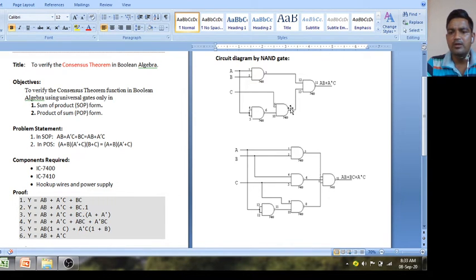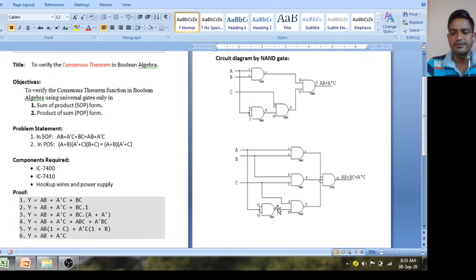Similarly, now for the last gate take 13, 12 and 11. Pin number 8 to 13, pin number 3 to 12. And here you will get the output AB plus A dash C.